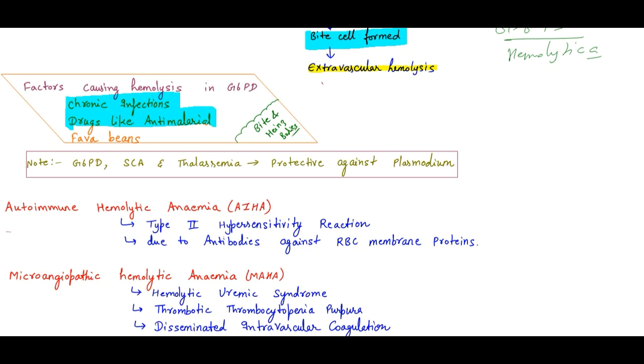Drugs like anti-malarial drugs, primaquine, chloroquine, and fava beans are contraindicated in G6PD deficiency, and chronic infection also triggers it. Now remember one important point: G6PD deficiency, sickle cell anemia and thalassemia are protective against Plasmodium, meaning these patients are resistant to malaria. That we already know.